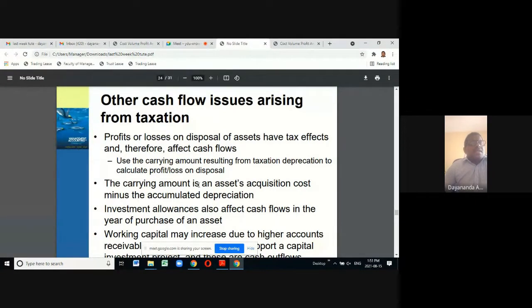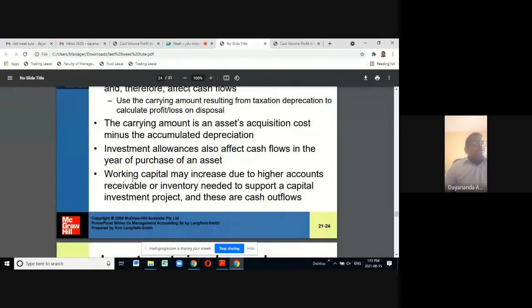Carrying amount is an asset's acquisition cost minus the accumulated depreciation. Investment allowances also affect the cash flows in the year of purchase of assets. Working capital may increase due to the higher accounts receivable and inventory needed to support capital investment projects, and these are cash flows.